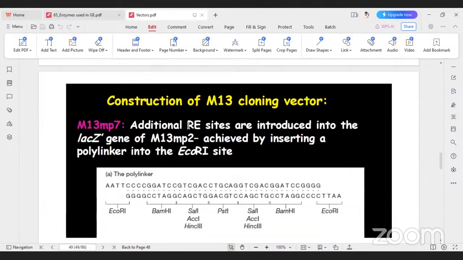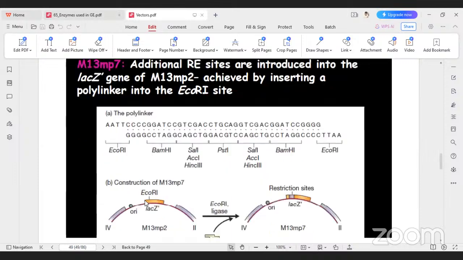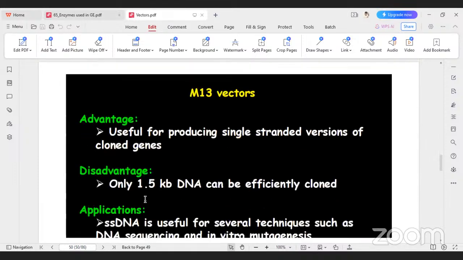In M13, additional restriction endonuclease sites are introduced into the lacZ gene, achieved by the polylinker. These are different types of restriction endonucleases that attack here. The advantage is that it is useful for producing the single-stranded version only.